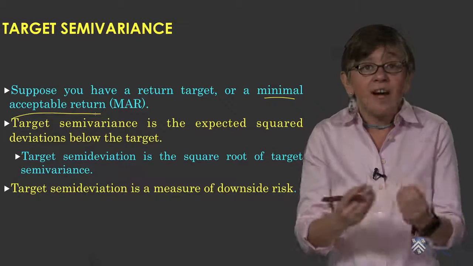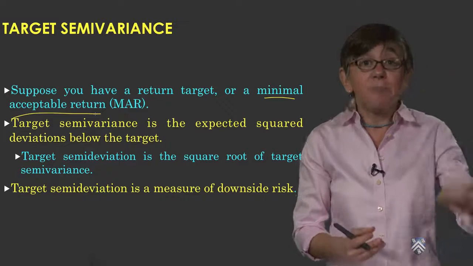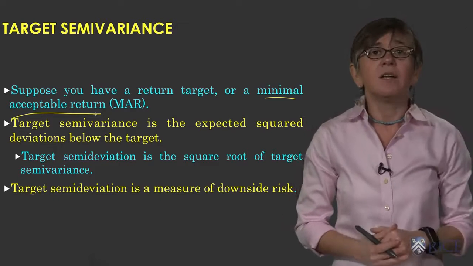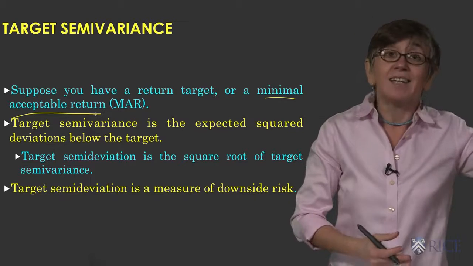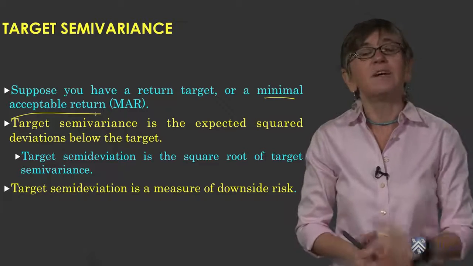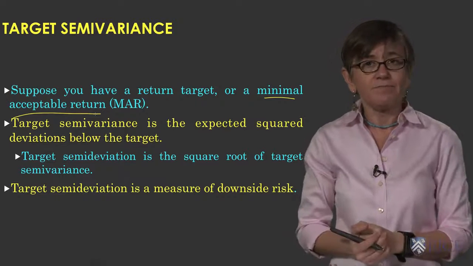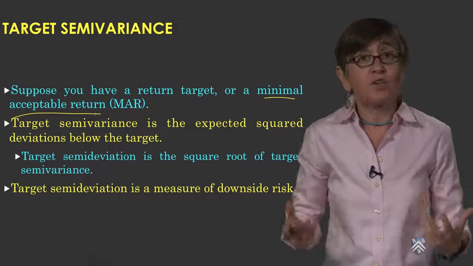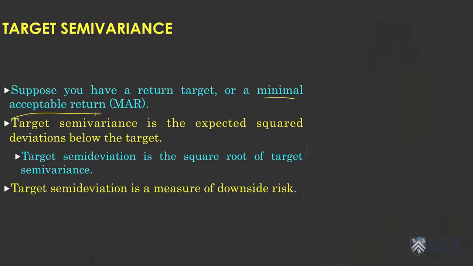In other words, target semi-variance is the expected squared deviations below that target. And target semi-deviation is the square root of target semi-variance. Target semi-variance is usually what is referred to as downside risk.